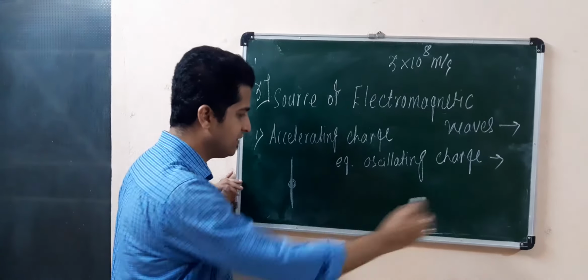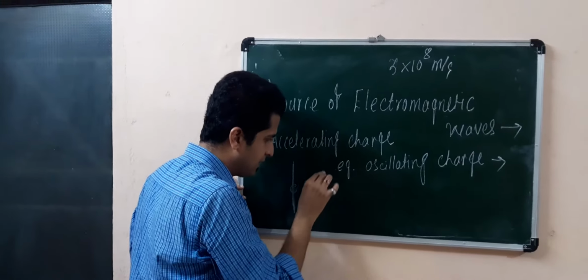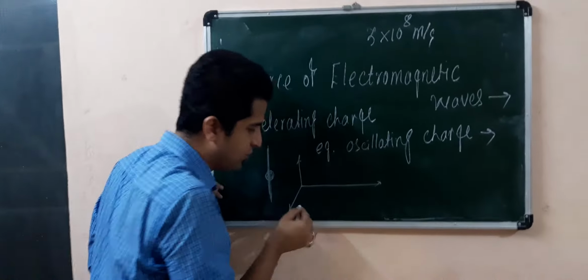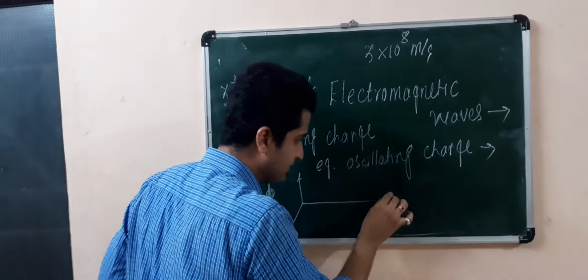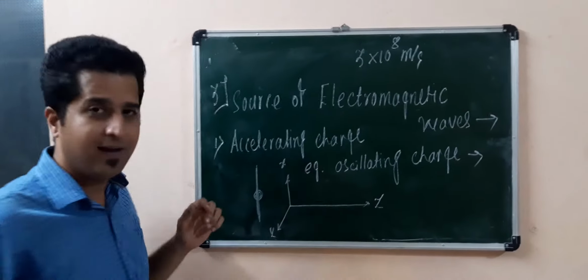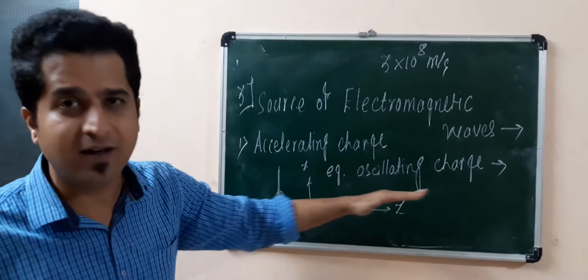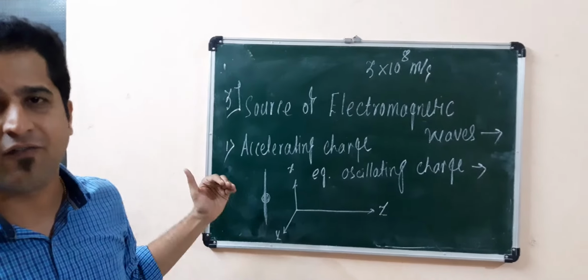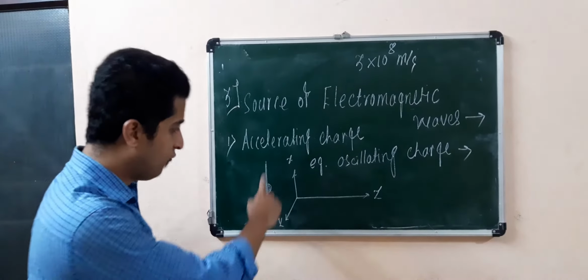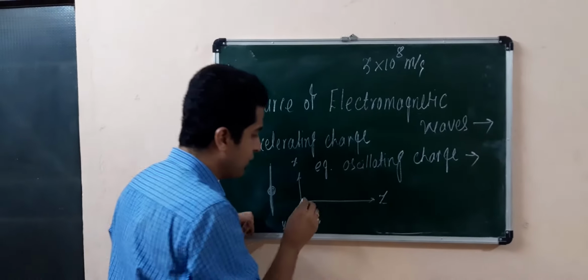Now see, if we consider x, y and z axes, which are mutually perpendicular to each other. Okay. Now our wave is traveling along the z axis. Now firstly, the oscillating charge is producing what?